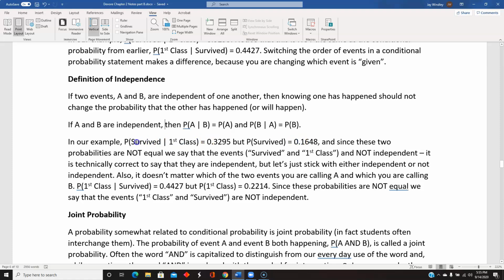So calling this A and this B, that fits right into this rule here. And notice these two probabilities are not the same. And so since those are not equal, then we say that these two events, survive and first class, are not independent.